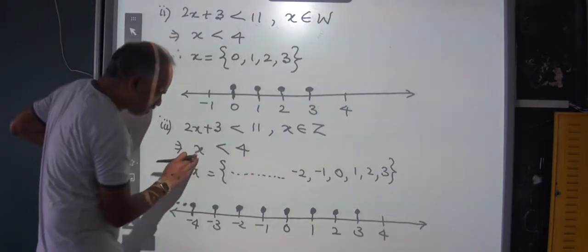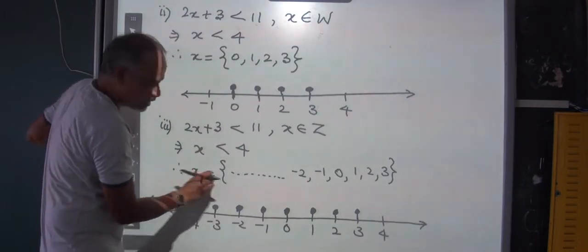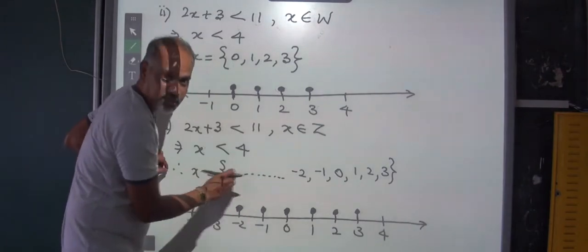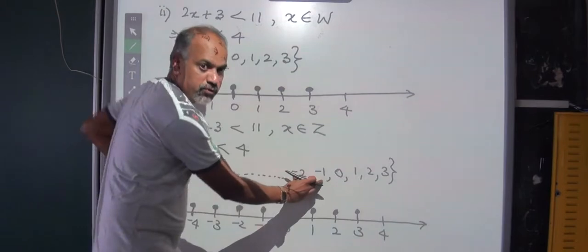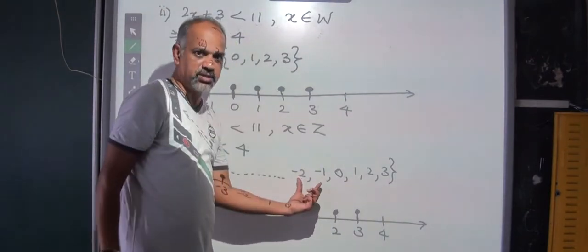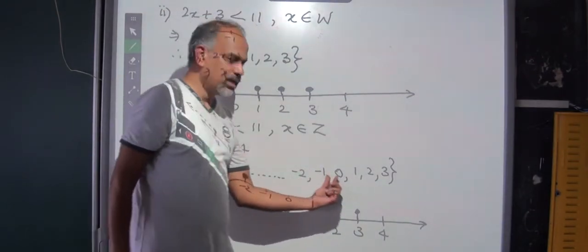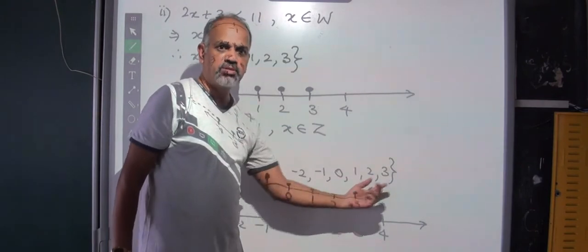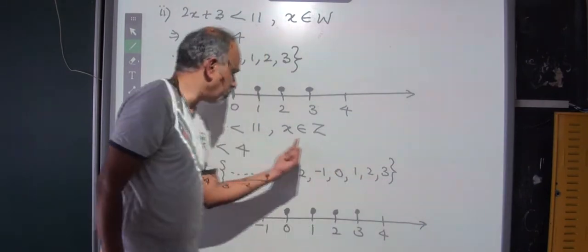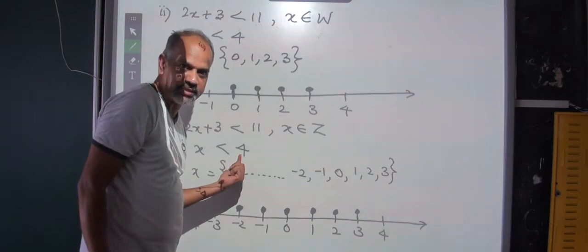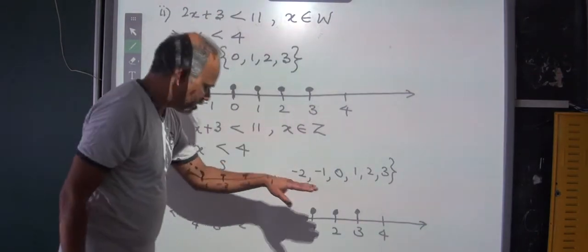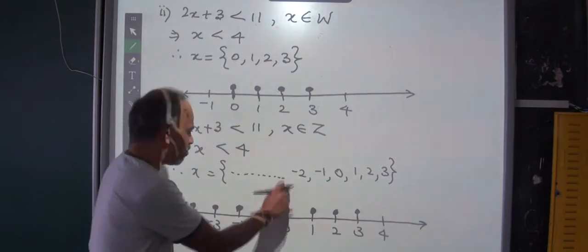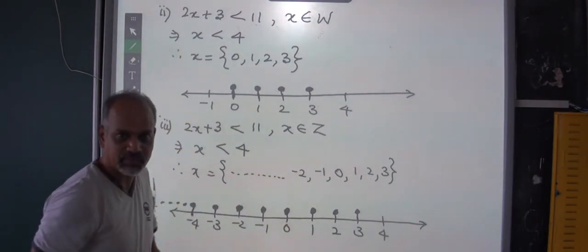So the solution here, x is equal to, actually starts with dots, which means it is coming from infinity, all negative values, and I have put a few of these negative values here, -2, -1 and 0, then come the positive values 1, 2 up to 3 because it is less than 4. That's for integers. Now the same solution can also be represented on a number line.